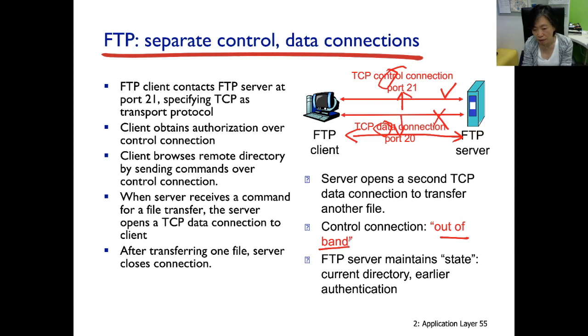If you think a little bit more about HTTP, there are two messages, right? HTTP request, HTTP response. Which one is data? Which one is control? No, in fact, each of these messages is both control and data. In an HTTP request, we do have commands, right?